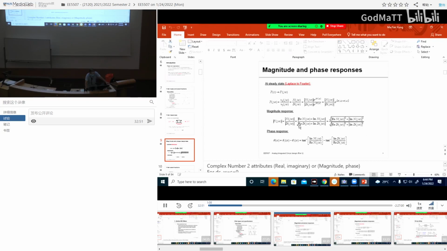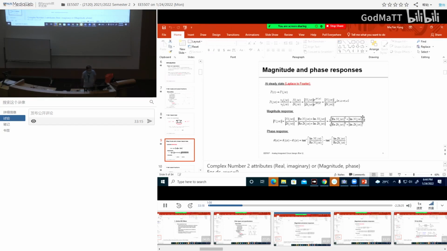Magnitude, you can write it in terms of the square of the real part and the imaginary part. So basically you have a vector, real and imaginary. The magnitude actually is the length of the vector.